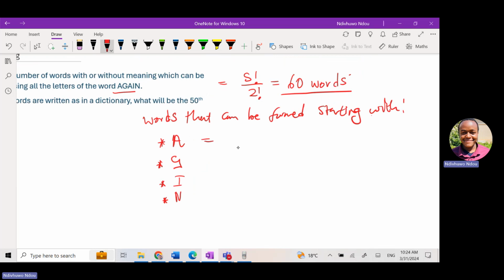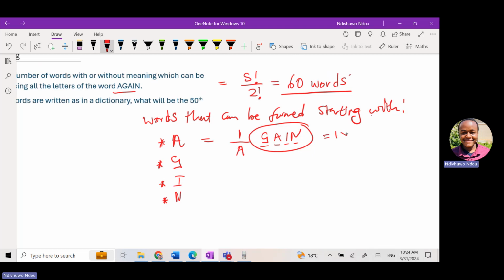So if we are starting with A, A will be there. There's only one way, that is to put A there. Then the rest of the letters, G, A, I, N, can be arranged anyhow, right? So you have 1, 2, 3, 4 of them. So these ones can be arranged in what?